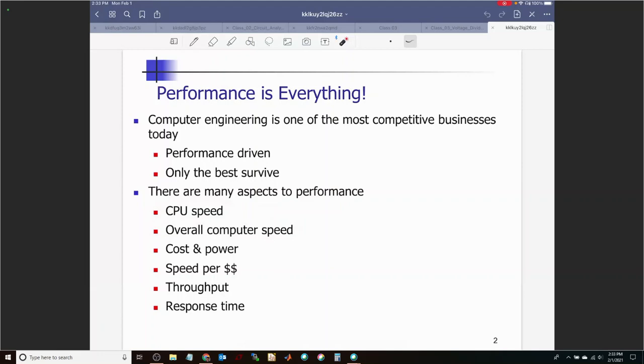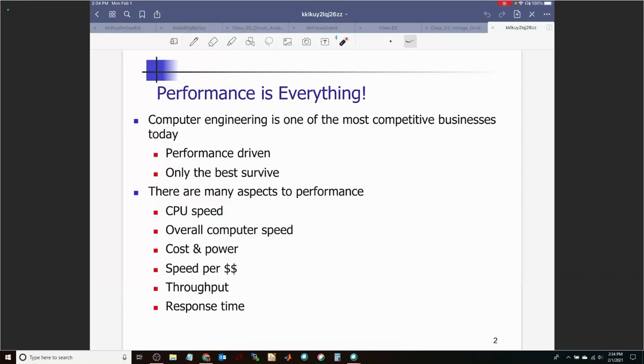But when you think about the computer speed, then a lot of other factors need to be addressed. For example, the operating system comes into the picture. The I/O devices come into the picture. The bandwidth between the CPU and the memory, right? How fast the communication can happen between the memory of a computer and the CPU. That also comes into the picture. So many other aspects need to be looked at when you look at overall computer speed.